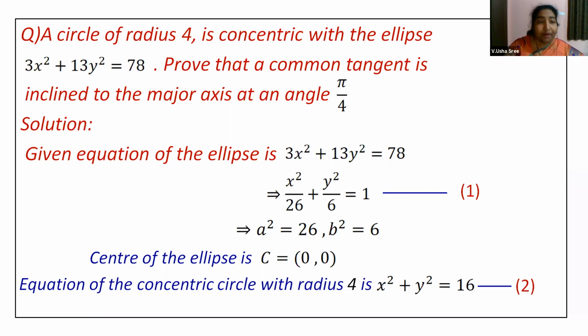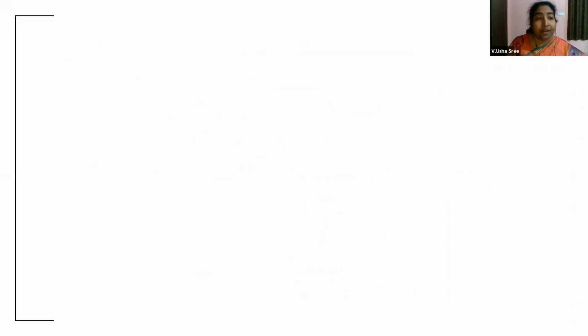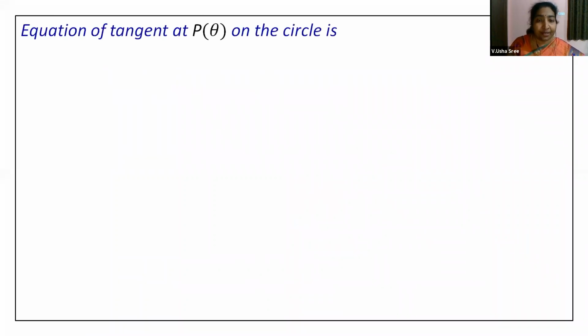Right? Now, prove that a common tangent is inclined to the major axis at an angle pi by 4. Okay, this is our concept now. Equation of a tangent at a point theta on the circle, in the parametric form of a circle, is given as x cos theta plus y sin theta is equal to r.